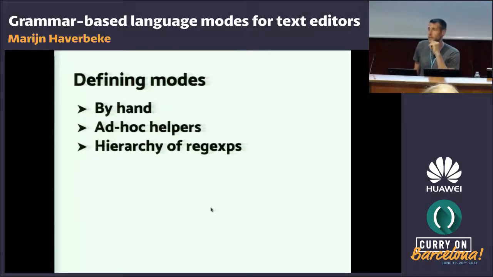More modern editors all have a very similar format. Some even are compatible with each other, like Sublime Text, Visual Studio Code, Atom, and I think the one that pioneered this approach is TextMate. They have a format which basically allows you to define a number of contexts, and from each context you have a number of regular expressions which define: if you are in this context and you see this regular expression, it's that token.